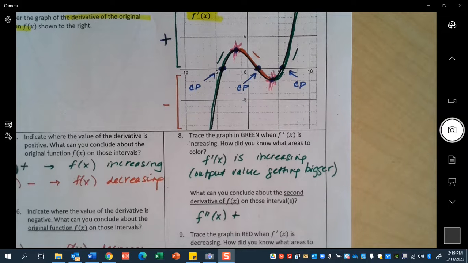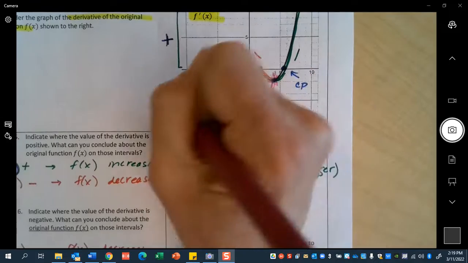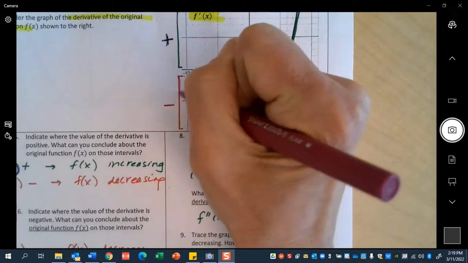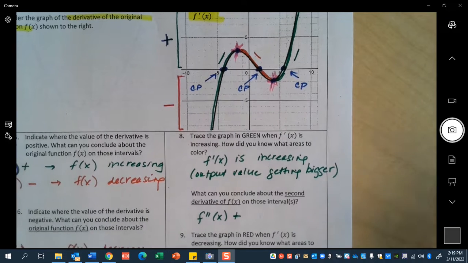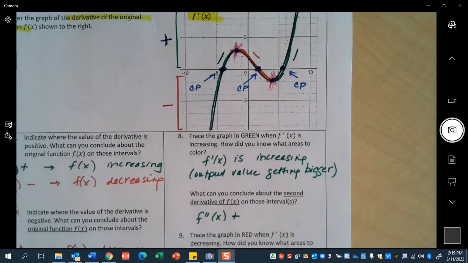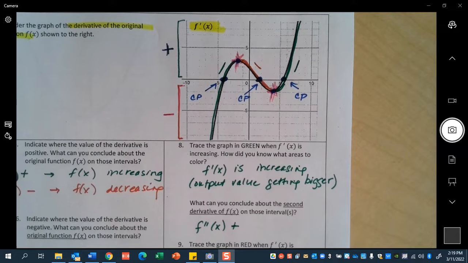And then if I had chosen, I don't know, magenta for this and magenta for this. Because this green and red is correct. That green and red is looking at where my derivative value is increasing.